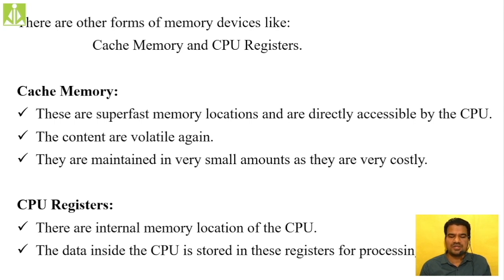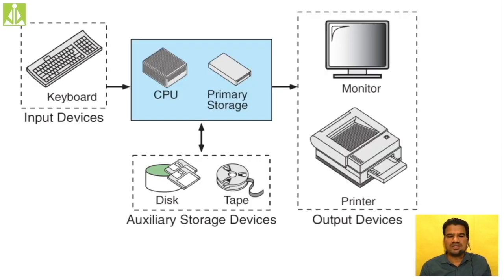So hopefully you understood this concept, as I have explained it clearly in my last session as well as in this session. So this is the complete organization of all the memory devices and all the input output devices inside our computer. Inside our CPU, I mean that cabinet box, we are going to have your processor, your primary memory, everything, and your auxiliary memory types also we maintain inside that cabinet only.